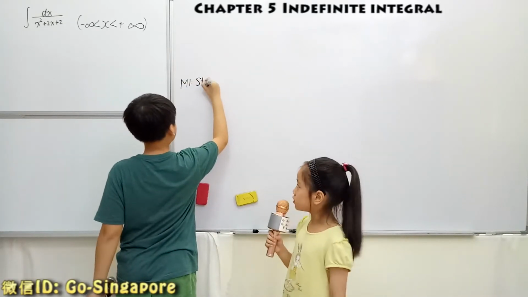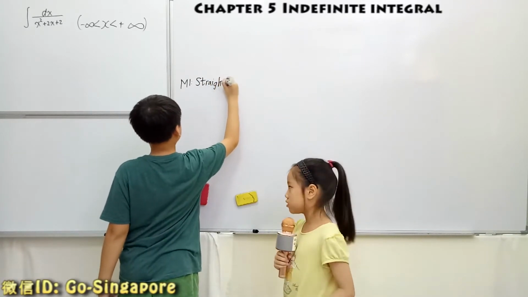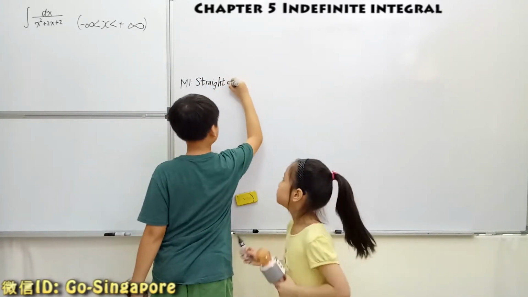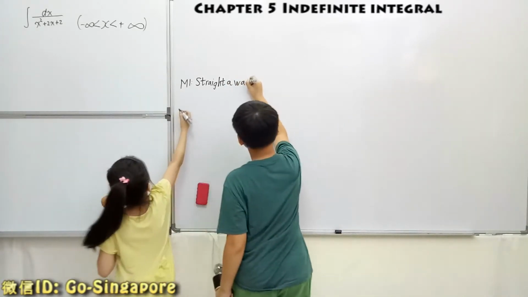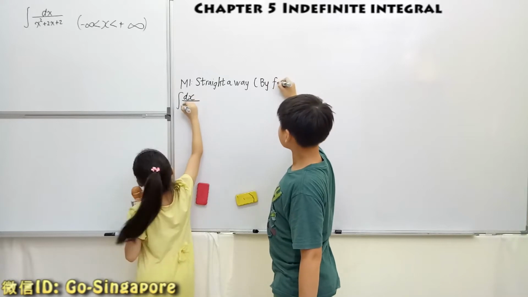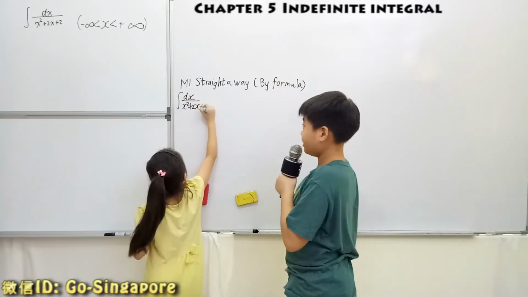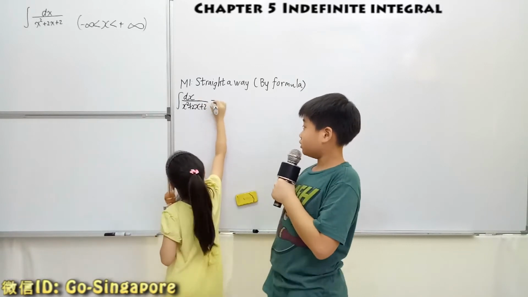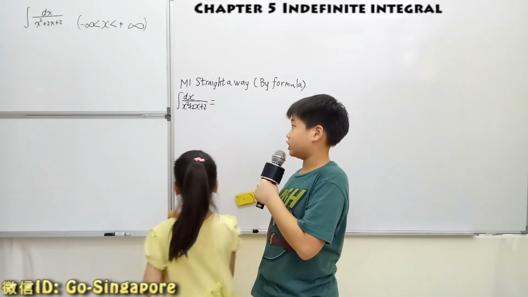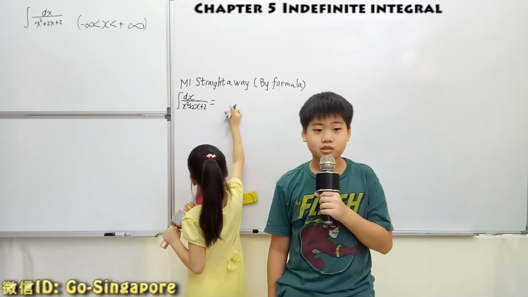The first method is straight away. And this question, the indefinite integration is integral dx over x squared plus 2x plus 2.